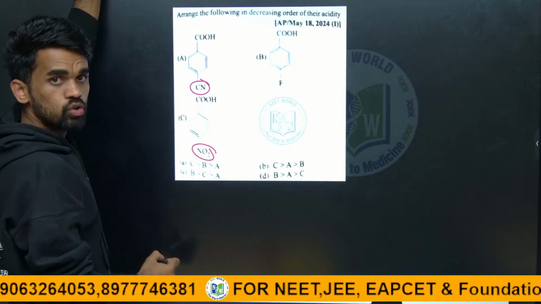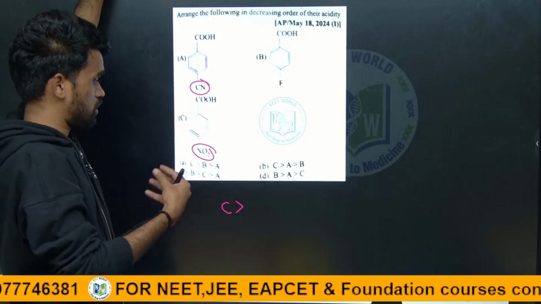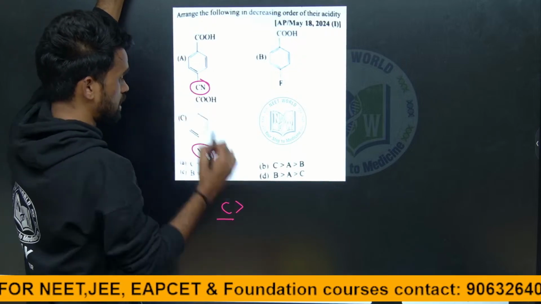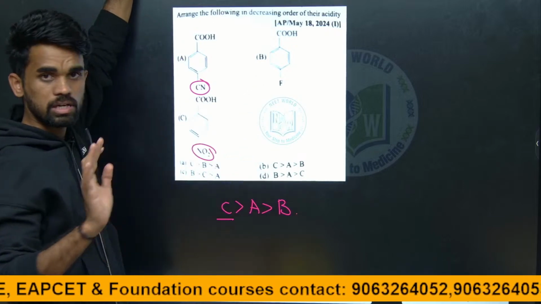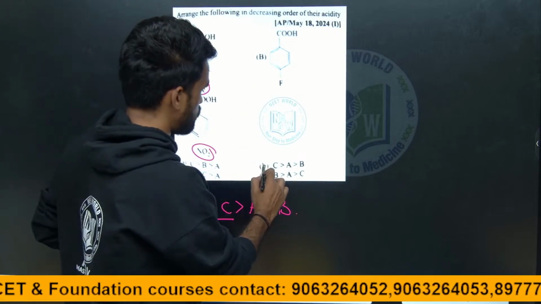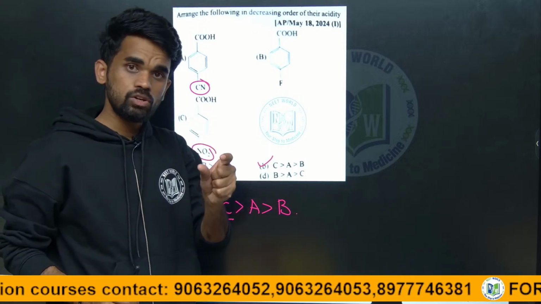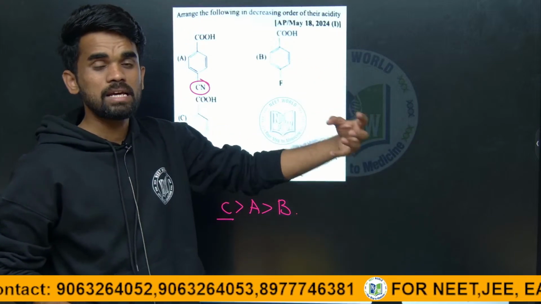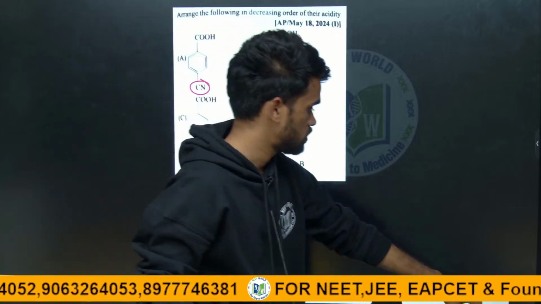We know the nitro group is a stronger minus M effect group than the cyano, therefore C is more acidic, then A, and least is B. I hope this is also clear. So option B. How are we answering this kind of question? We need to check the stability of their conjugate base. The conjugate base will be stabilized by electron withdrawing groups for phenols and carboxylic acids.